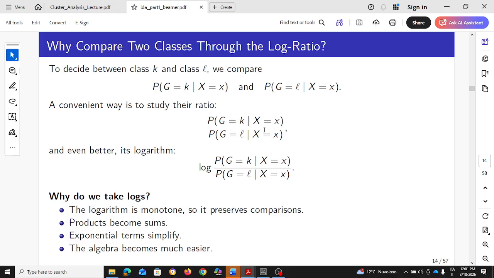But normally it's better to take the log of it so we can preserve the comparisons. When we take the log, our mathematics becomes easier, and dealing with the exponential term is a bit easier. So the algebra and everything becomes simpler.